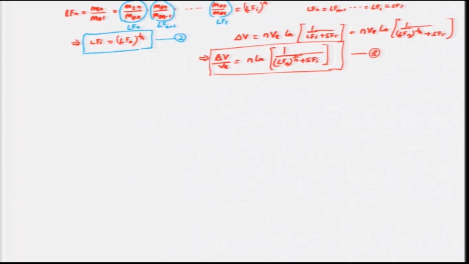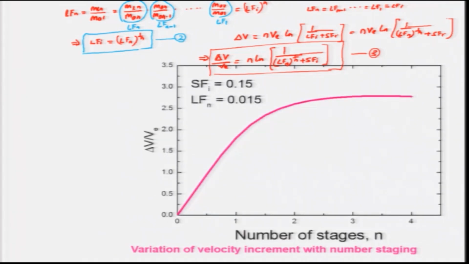If I plot this delta V by V_E for the number of stages, we can get the variation of velocity increment with the number of stages. This is plotted for S_fI of 0.5 and L_fn of 0.15.